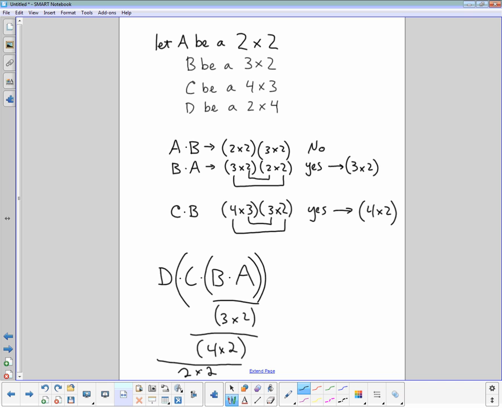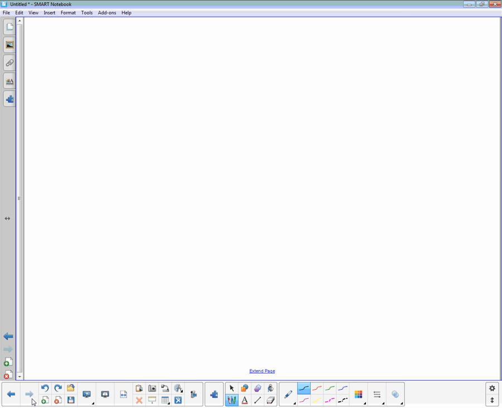All right, do we see how matrices multiply? You will have problems to work on. But in fact, actually, let's try this one. Let's see how well you guys do. Make it a little bigger.